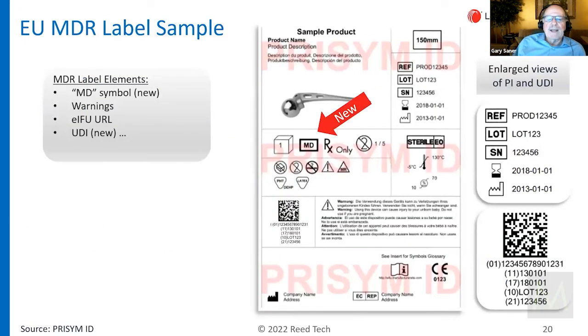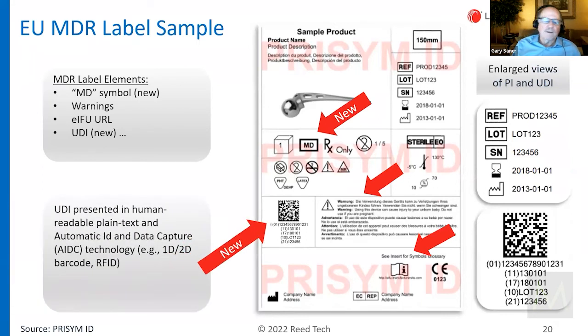If we take a look at a label, some of the things that are new for the European Union, there's this MD symbol here in the center. This is for medical device. There's a lot more information about translating and providing warnings. There's a little bit more emphasis on the electronic instructions for use, going to a website. And then for our discussion here, the requirement that UDI is in place.